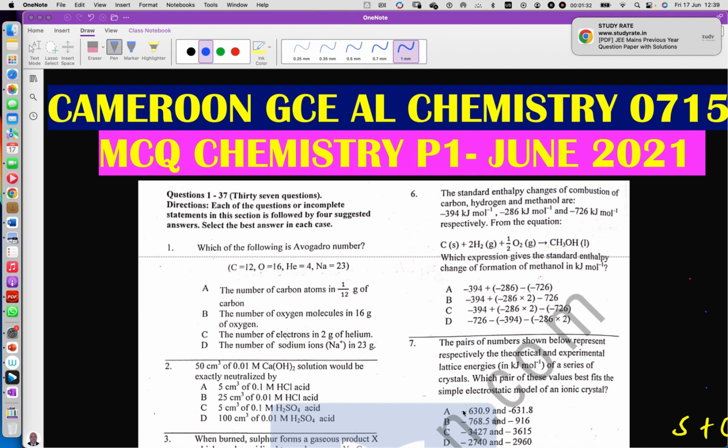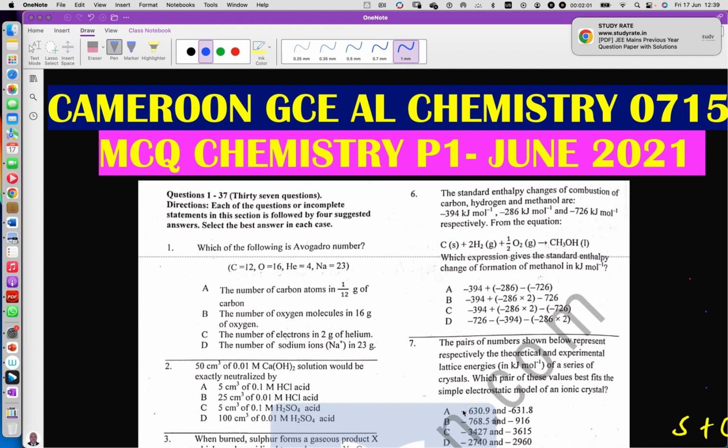However, before we even look at the options, I earlier told you with MCQ questions, when you read the question, digest it very well, solve it, and have the answer before approaching the options given by the examiner. So what is Avogadro's number?